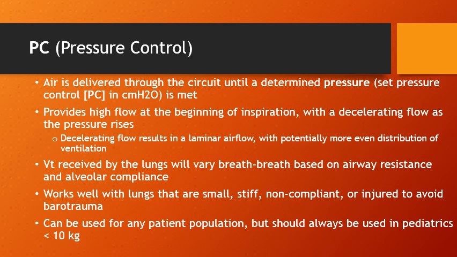And so if we set the pressure that we want the ventilator to blow air into until it meets, then we can control that pressure. But what we don't control is the tidal volume, breath to breath. This breath type can be used for any patient population, but it should always be used in pediatrics less than 10 kilograms because of their small, fragile lungs.